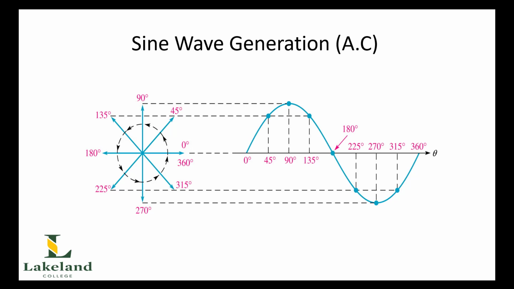Now, the way this has been done on screen here with this diagram is that we've taken arbitrary increments of 45 degrees. And as you step around that rotation and you keep taking the sine of those angles, you will end up plotting values between -1 and +1. And as you do that, you will end up tracing a sine wave like you can see on the right hand side.